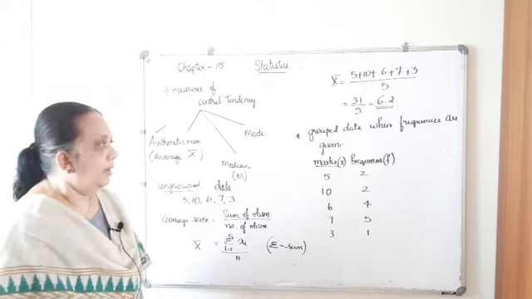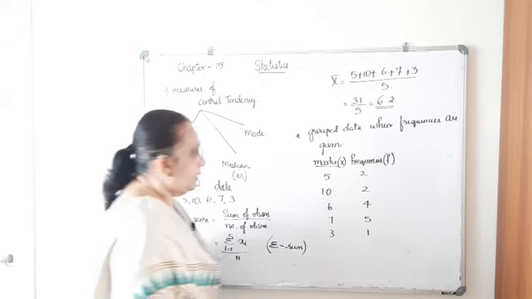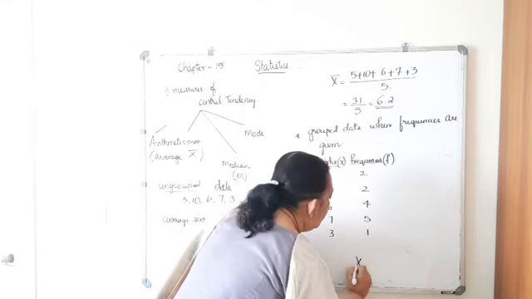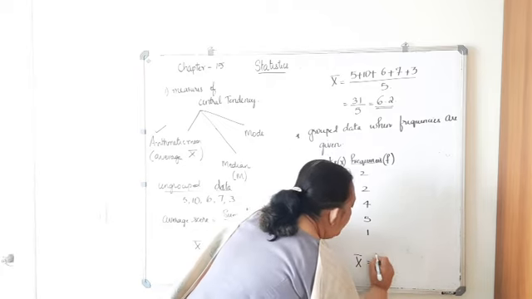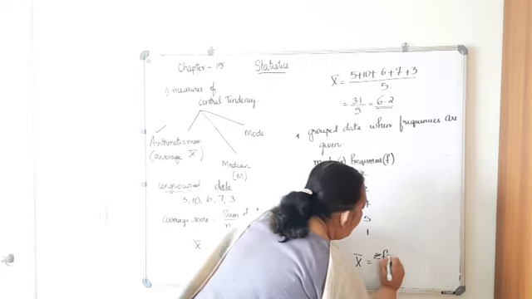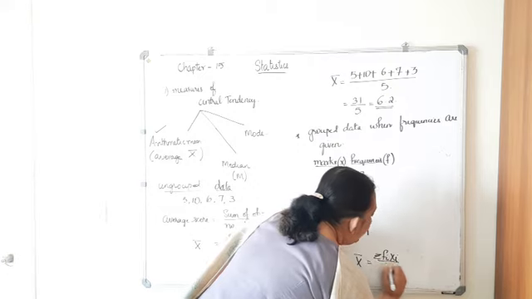In this case, what will be the mean? Arithmetic mean x bar is equal to another formula: sigma fi xi divided by sigma fi.